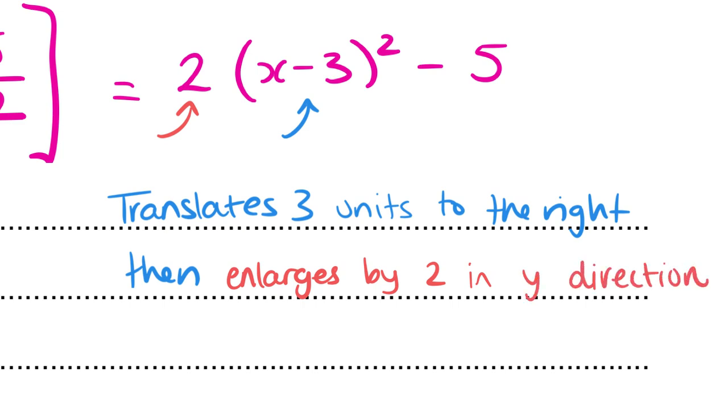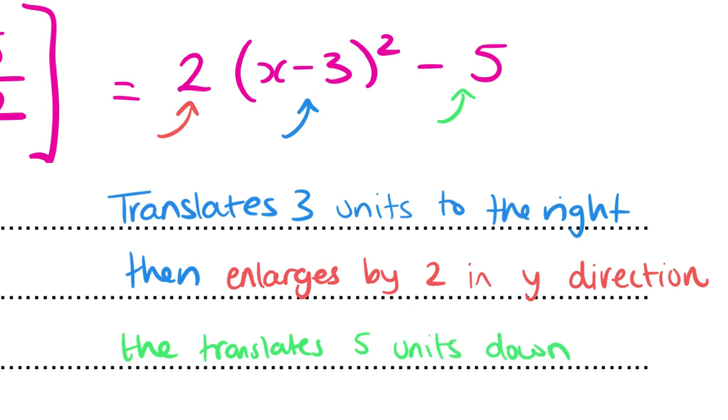Okay? And then what happens? Then, is this inside or outside the bracket? Who does it affect? Y. What do we do to the graph? Translate it down, okay? Then translates 5 units down.